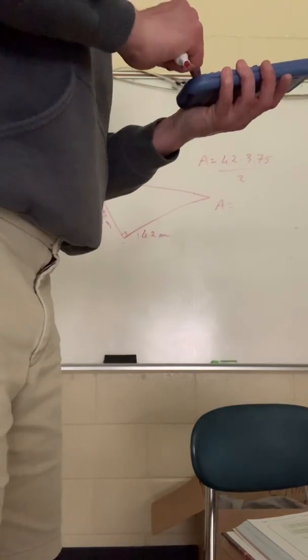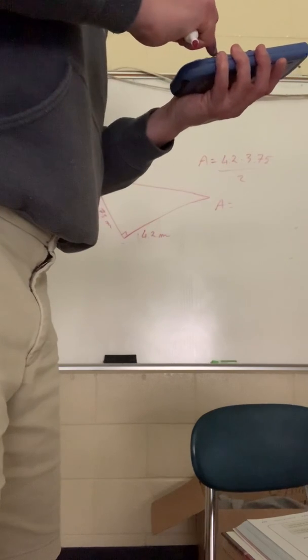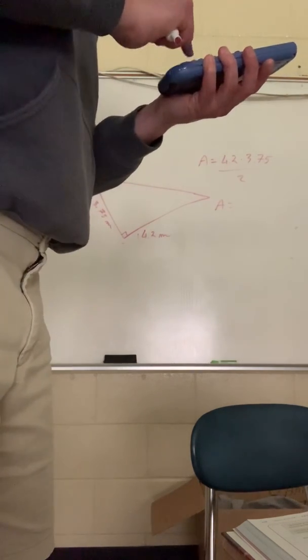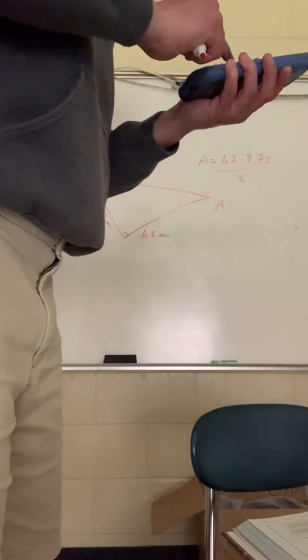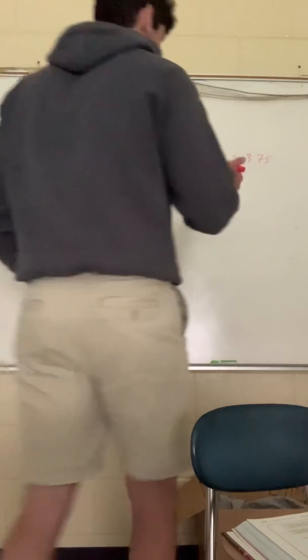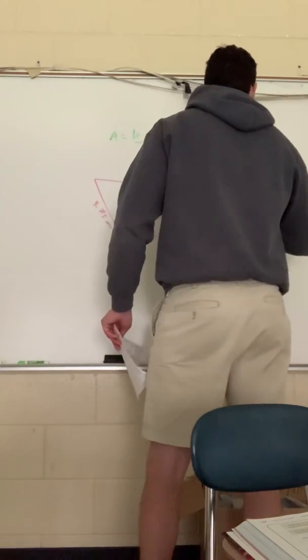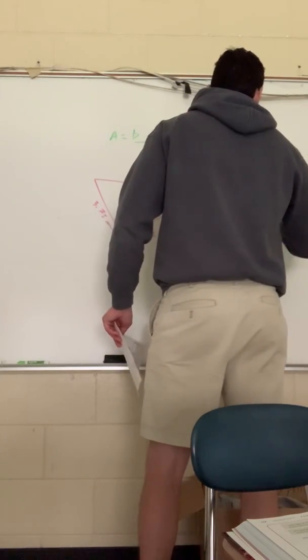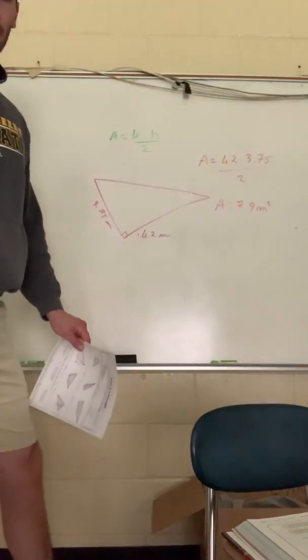So 4.2 times 3.75 divided by 2. That gives me 7 point, I'm gonna round it up, 7.9 meters squared. Okay, 7.9 meters squared.